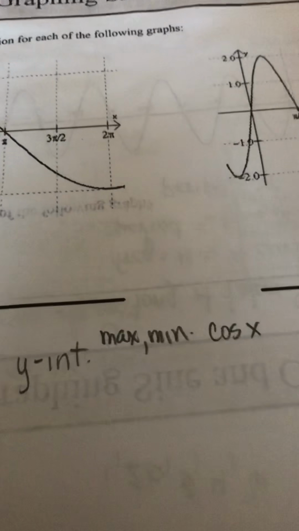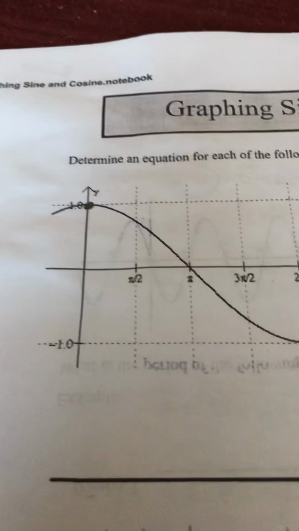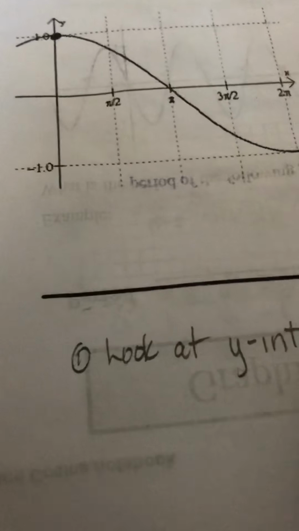Okay, so if our y-intercept is a max or a min, the highest point or the lowest point on the graph, we have a cosine graph. If we look at this other one, our y-intercept is in the middle. Okay, when our y-intercept is in the middle, it's a sine graph.